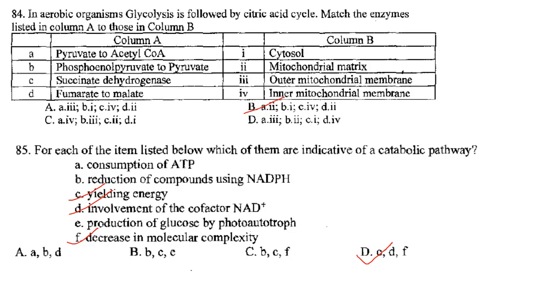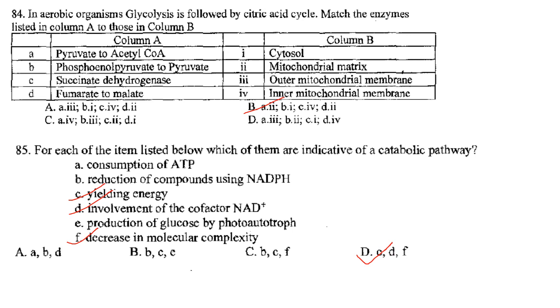Then next one. In aerobic organism, glycolysis is followed by citric acid cycle. Match the enzymes listed in column A to column B. So pyruvate to acetyl-CoA, that is mitochondrial matrix. So A2.